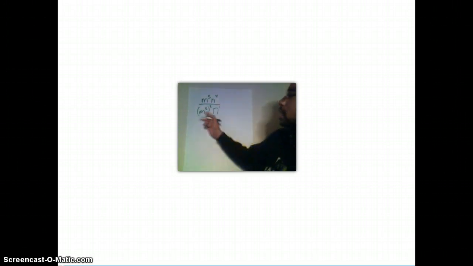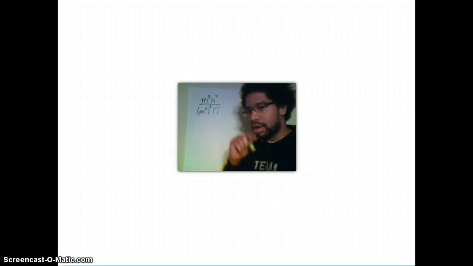Now I need to square that quantity. So I want to clean up the top and then clean up the bottom and then use the division property of exponents. So m to the 5th to the 4th, that's already simplified. So I'm going to rewrite it, m to the 5th to the 4th. Now I can start to work with the bottom.